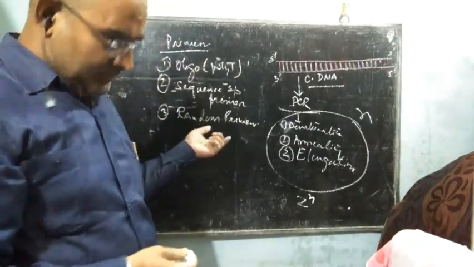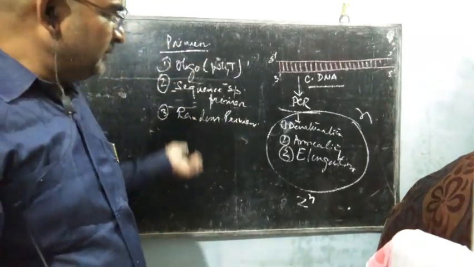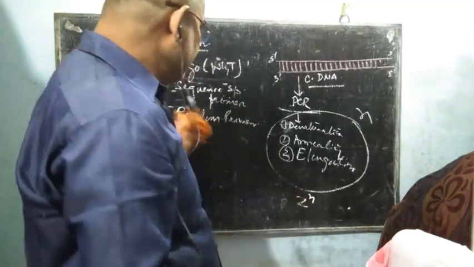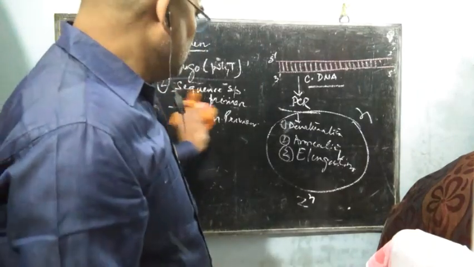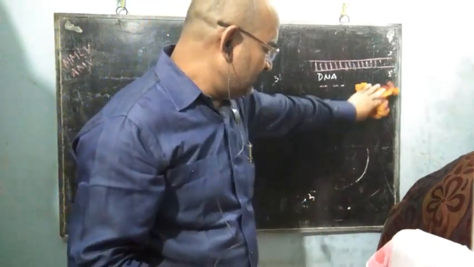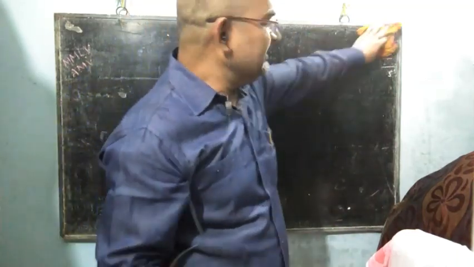And the process, if we observe the process, the reverse transcriptase PCR is of two types, one step RT-PCR and double step RT-PCR.